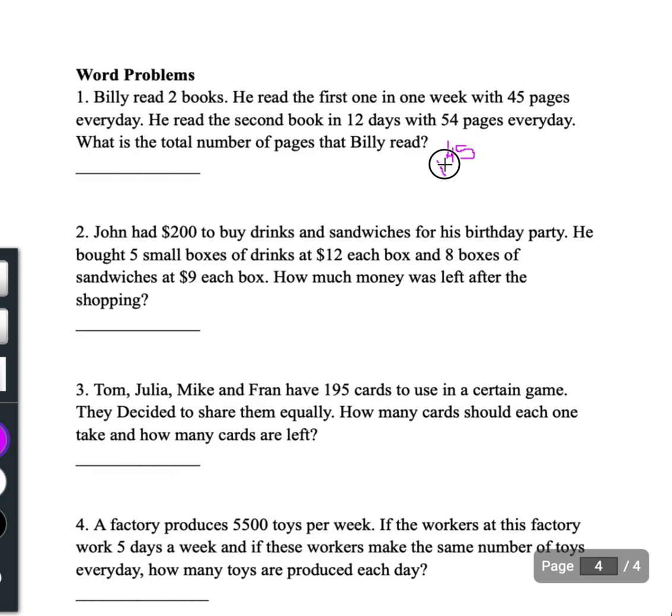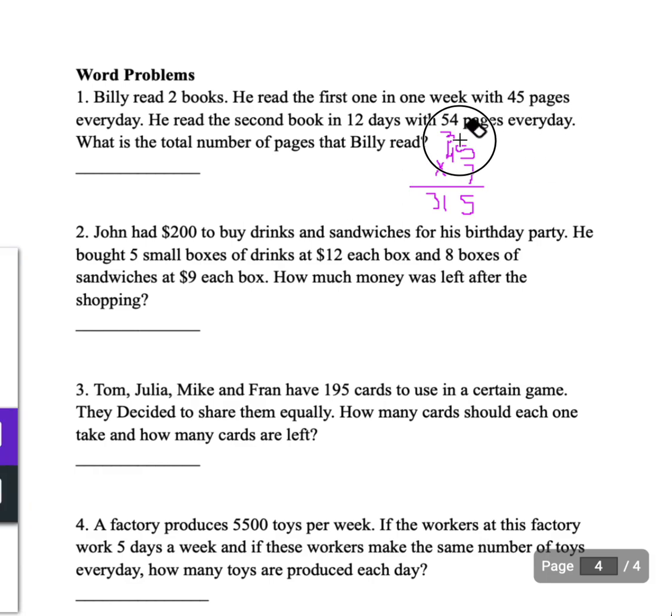So we're gonna multiply it by 7. So this is 35. 28 plus 3, 31.